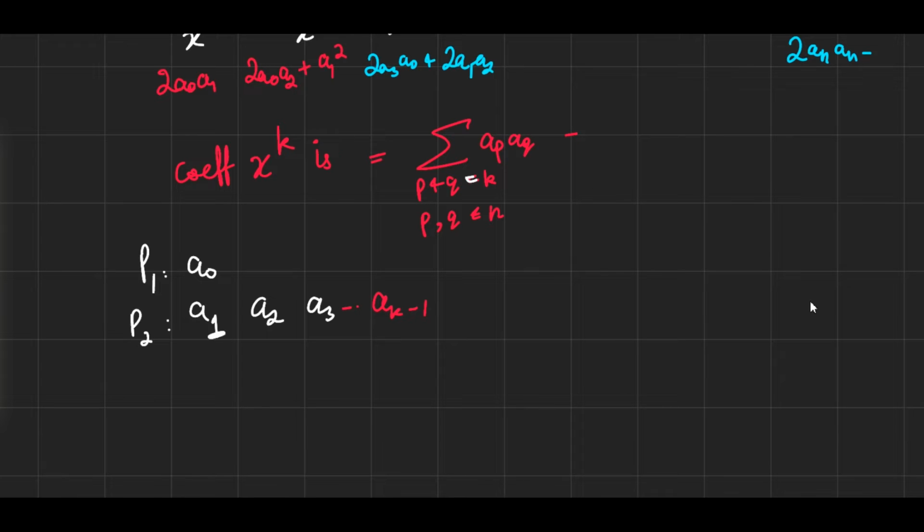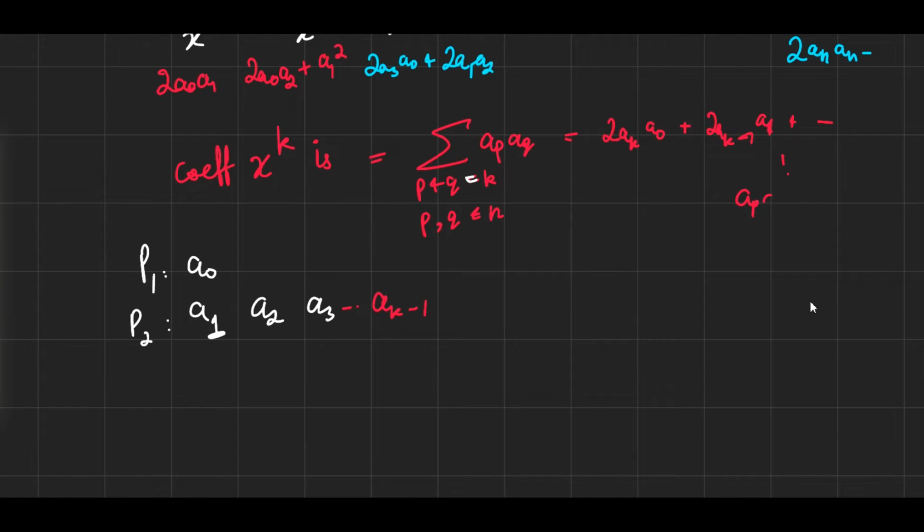In the expansion of x to the k, first it looks like 2 a_k a0, and then a_k never appears again, because the only way to have p plus q equals k, where one of them is equal to k, is to have the other be 0. And we have that case right here. And this would be something like a_(k-1) a1, and so on.